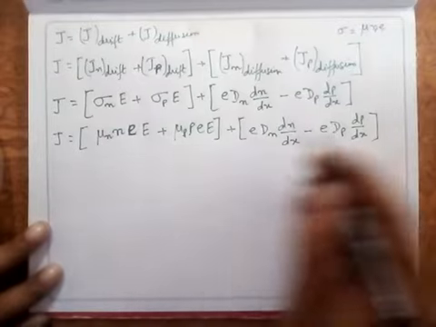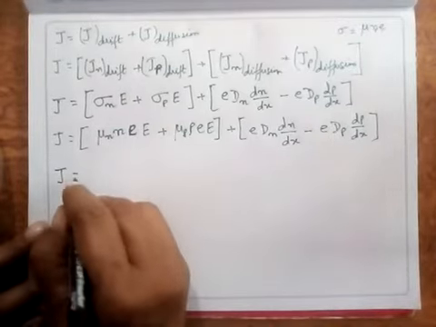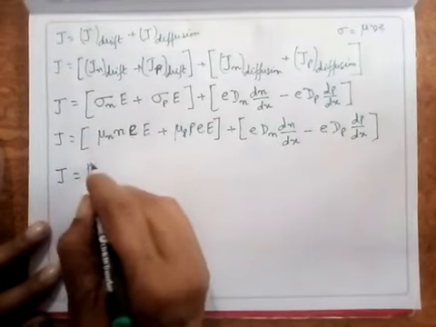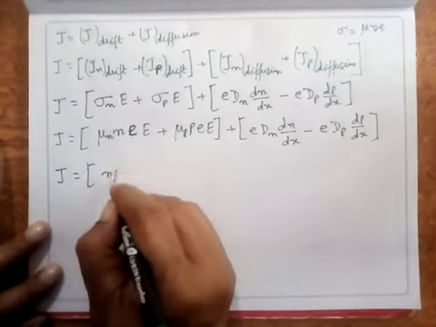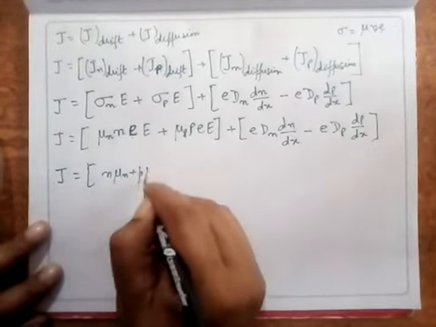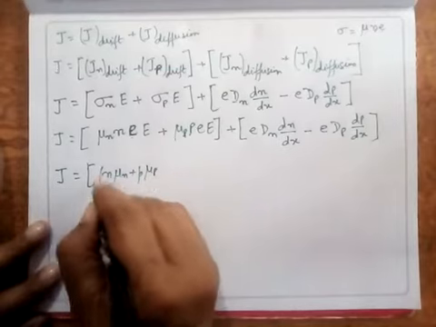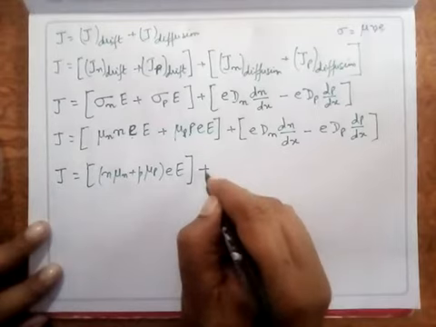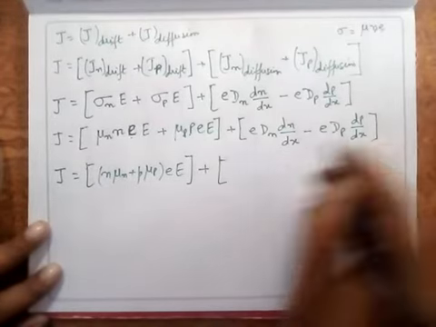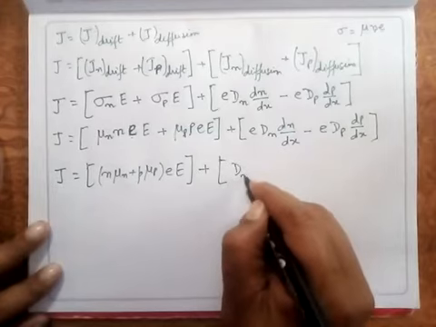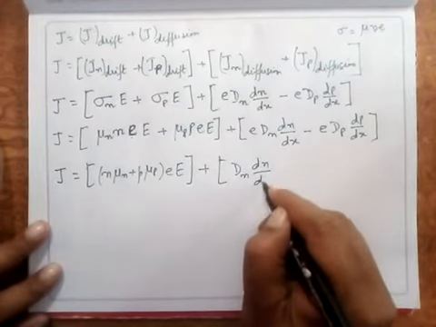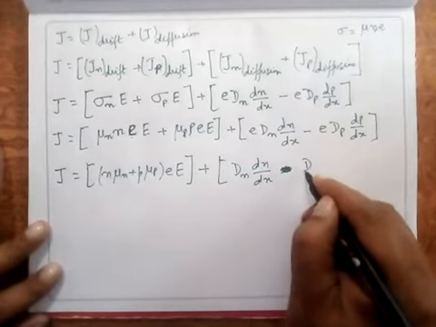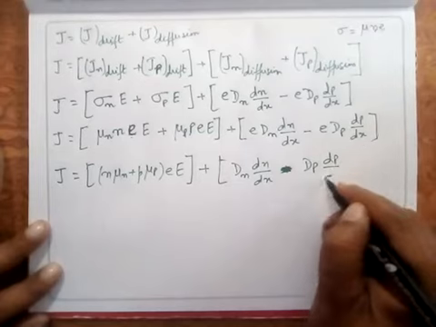It is equal to E common, N mu N plus P mu P, this factor into E, plus, E is common, so dN upon dx, sorry, minus dP upon dx.